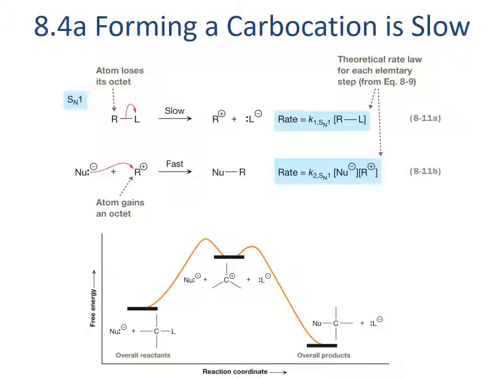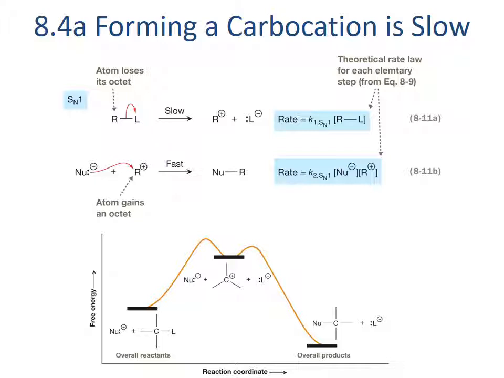So for the first step, a heterolysis, we know that we're going to have a much less stable set of products, which means the activation energy is going to be high and the reaction slow. On the other hand, going from a carbocation through a coordination step results in a much lower energy set of products, and therefore a low activation energy and a faster reaction.